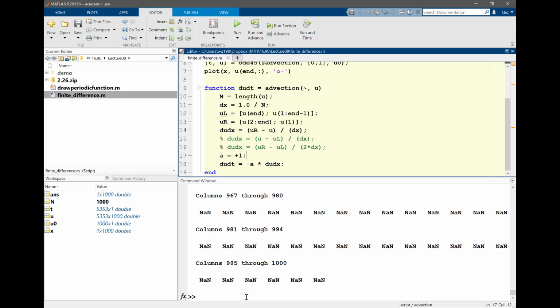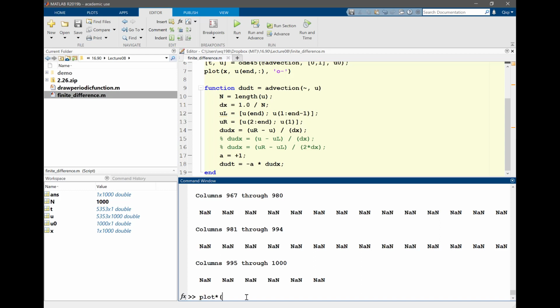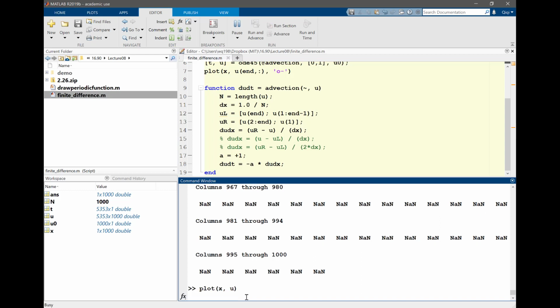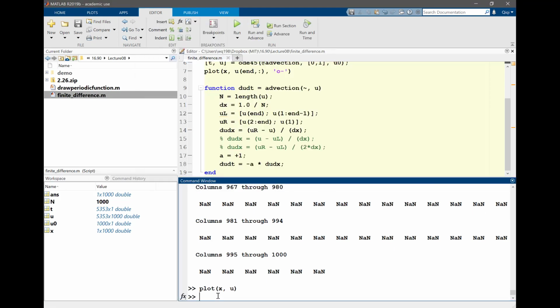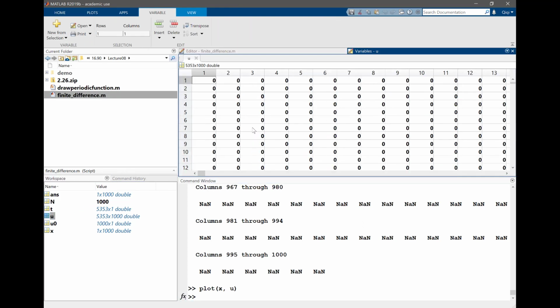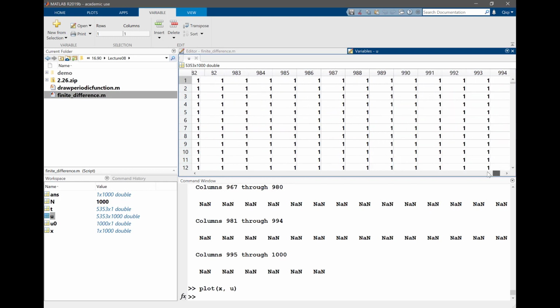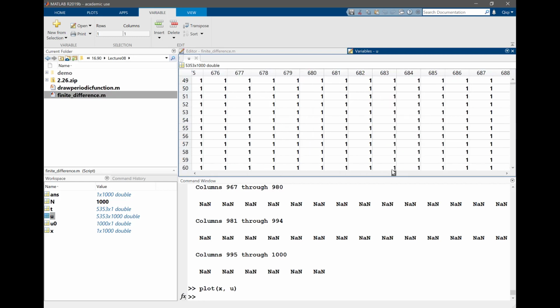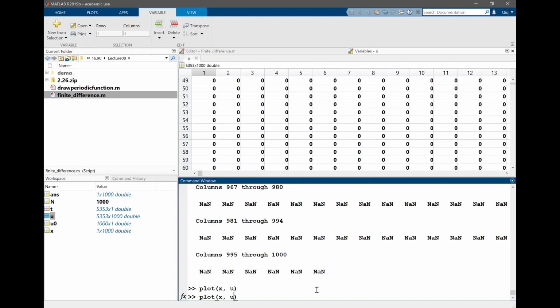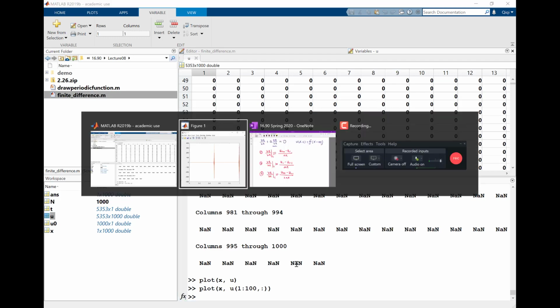All right, and if you want to look at how the solution becomes nan, we can plot x and u to see how u is going to behave. Right, so that's the initial condition for u, and let's just plot u for the first 100 steps to see how it works.